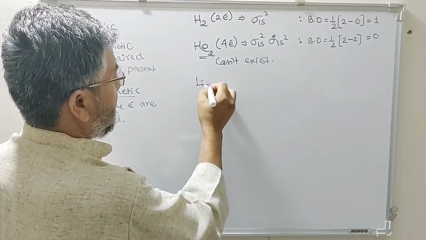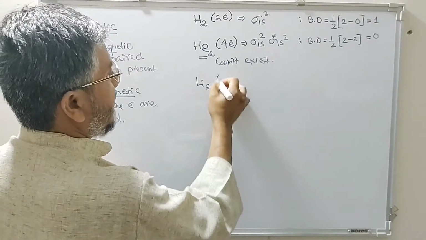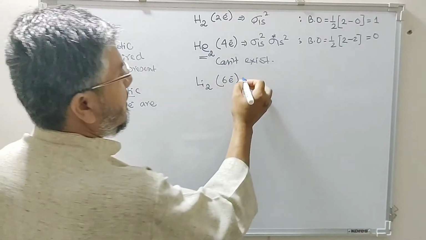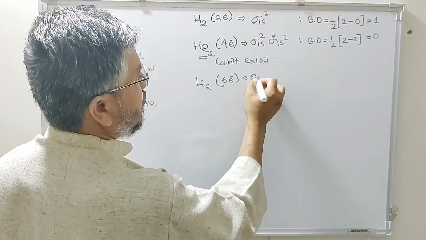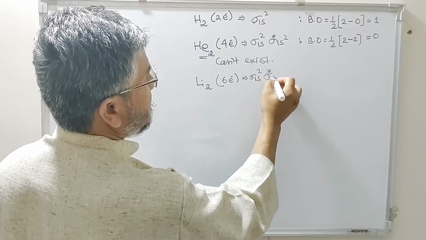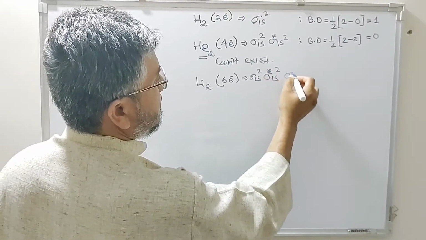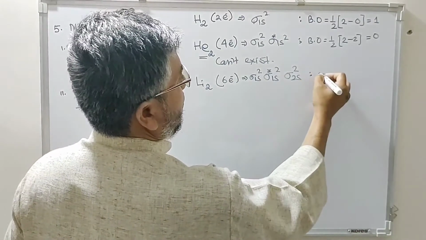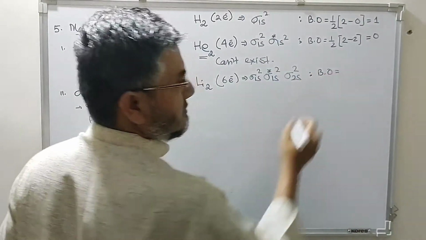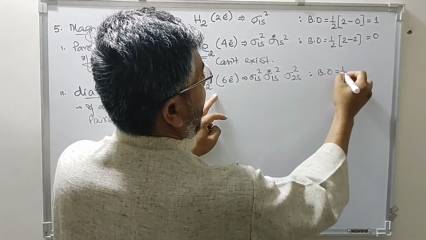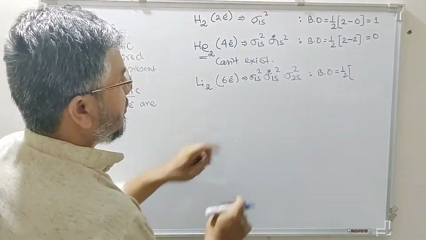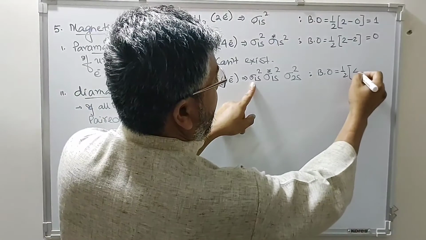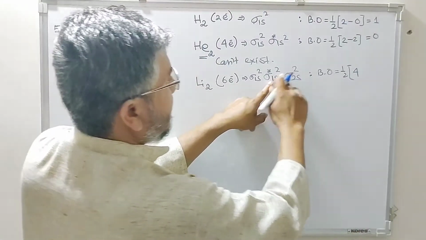Similarly, take Li2. Lithium has atomic number 3, so 3 into 2, we have 6 electrons. Electronic configuration: sigma 1s2, sigma star 1s2, sigma 2s2. Bond order is half times electrons in bonding, 2 plus 2, 4, minus electrons in anti-bonding, 2.